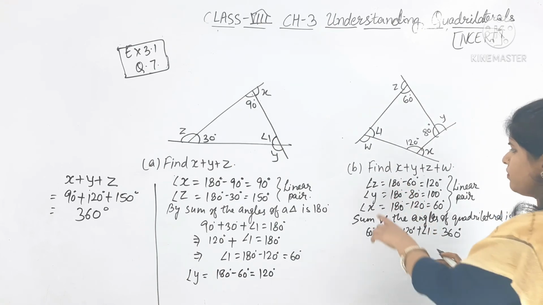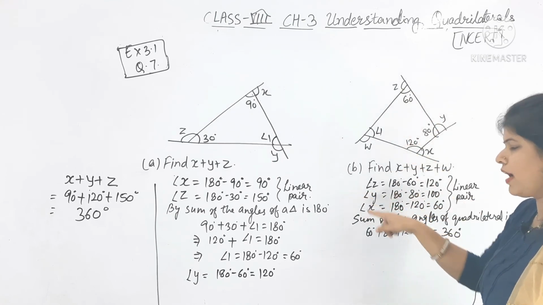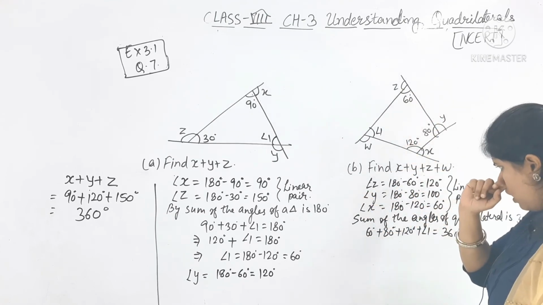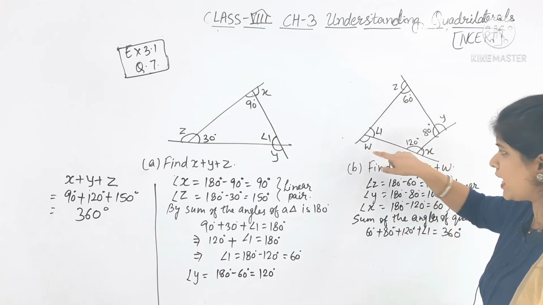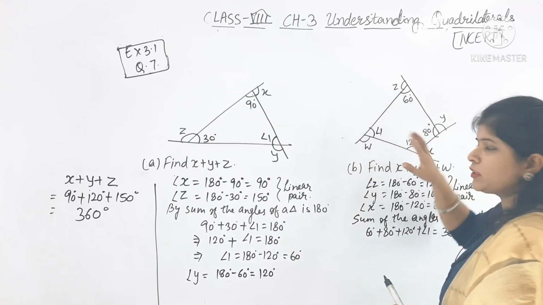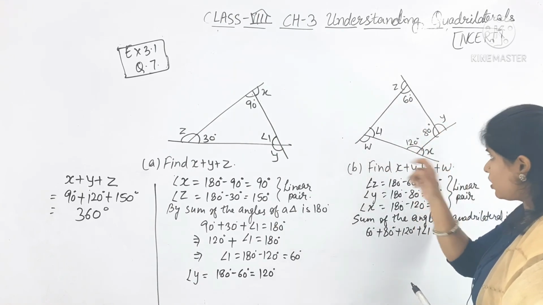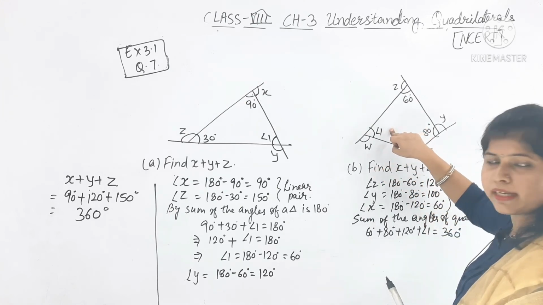We found some angles x, y, z by the linear pair. Now by the sum of the angles of a quadrilateral, we have to find this angle 1, then only we get angle w. So w is unknown, and for this we have to calculate angle 1.